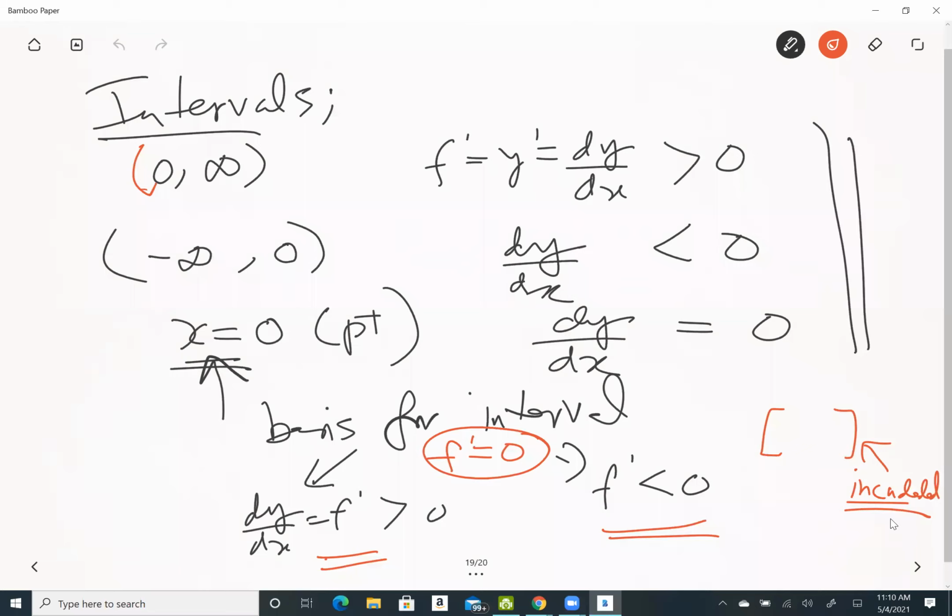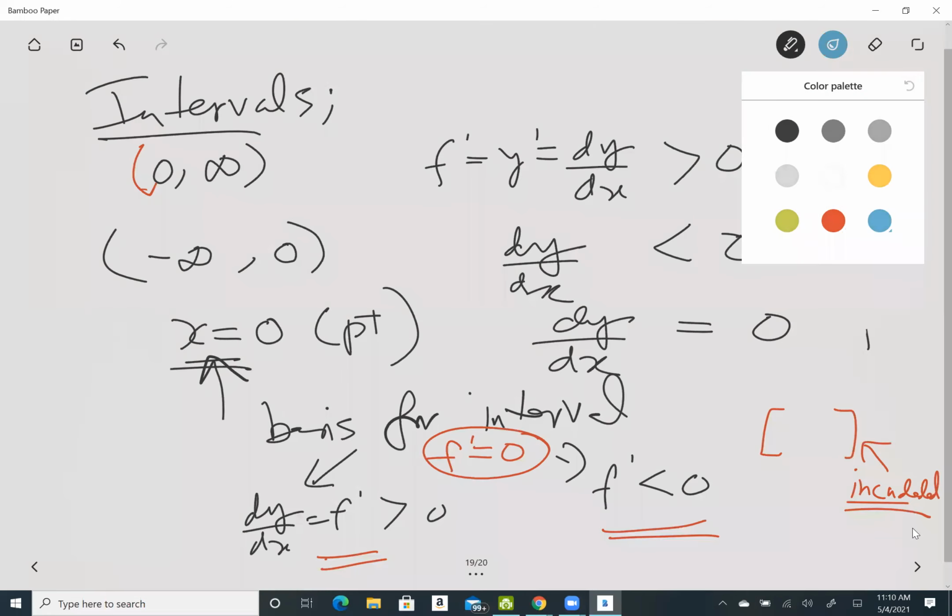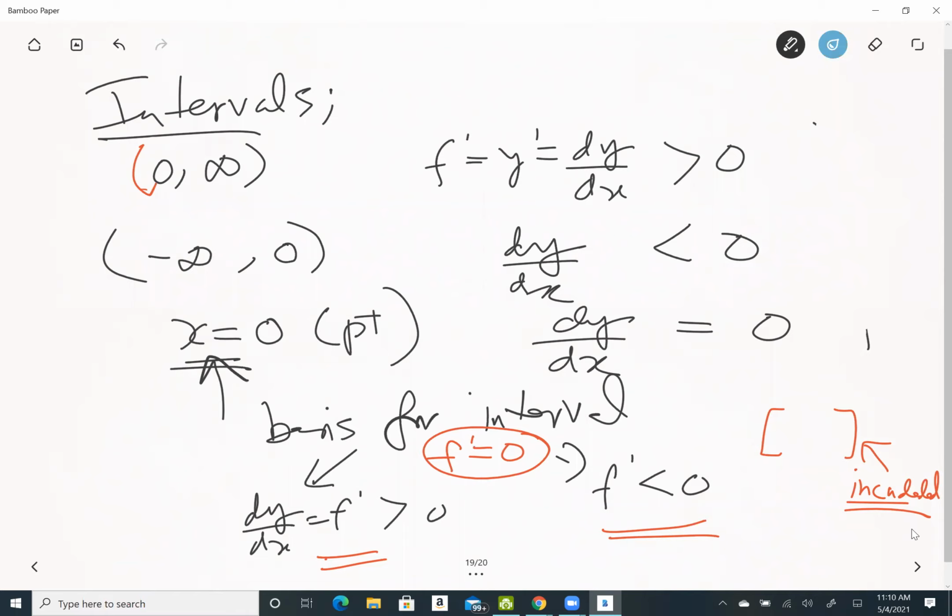So if you look at the blue line, you will see a different situation than our first example. For the blue line, the point where f prime equals 0 is still the same, x equal to 0, but the intervals are different.